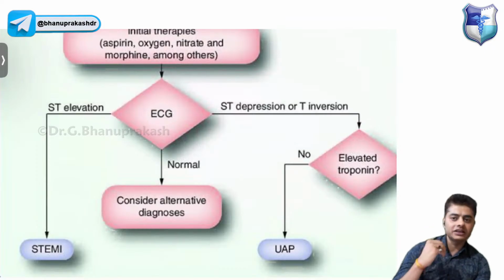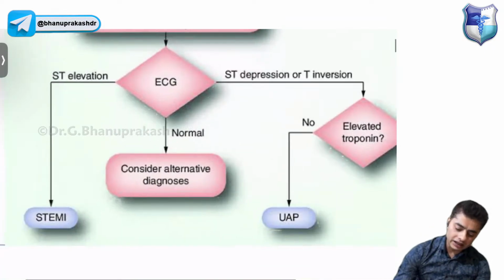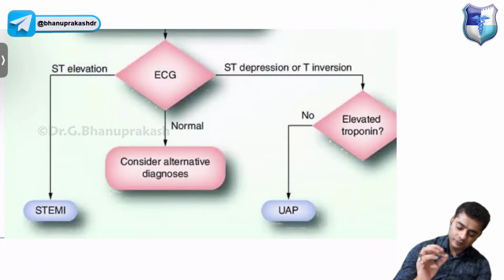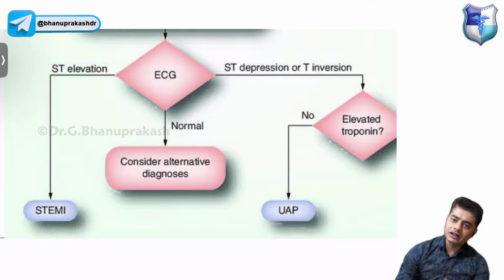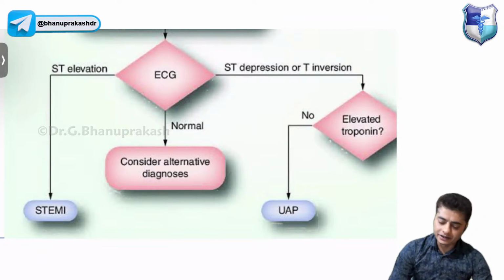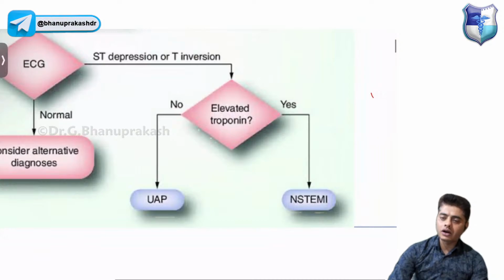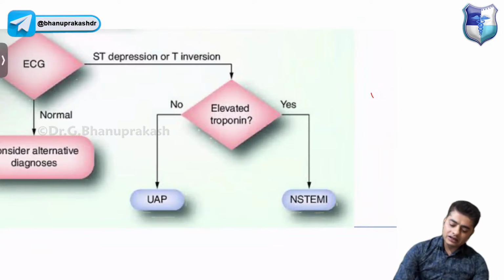You are suspecting unstable ischemic heart disease. Then you order an ECG. If on ordering ECG you are getting ST elevation, then it is ST elevation MI. If the ECG is normal, then you consider some other heart disease. And if you are finding ST depression or T wave inversion, then you order biomarkers. If biomarkers are elevated, then it is non-ST elevation MI. And if not elevated, then it is unstable angina.